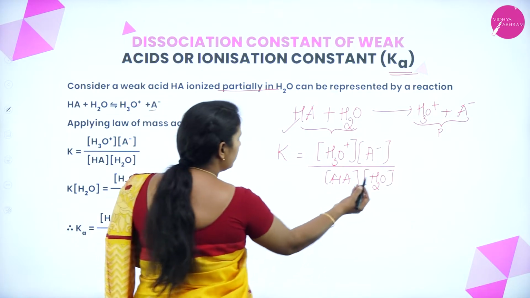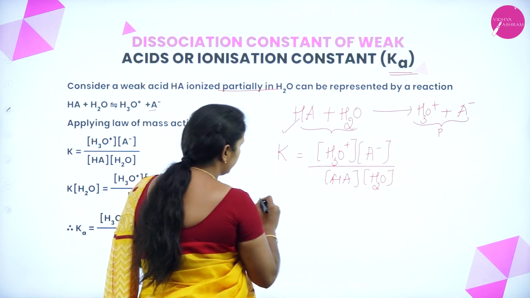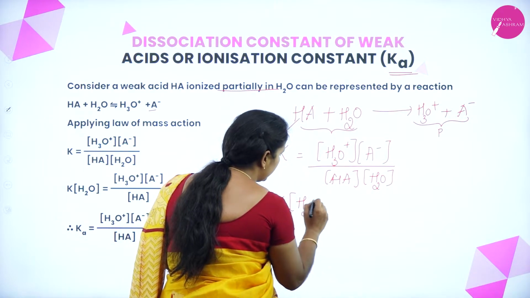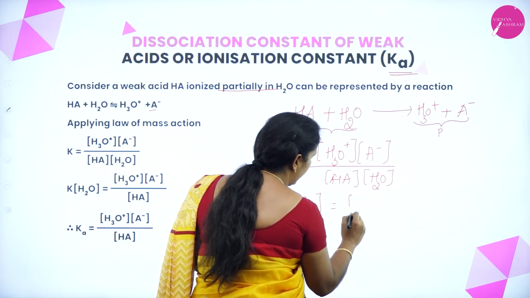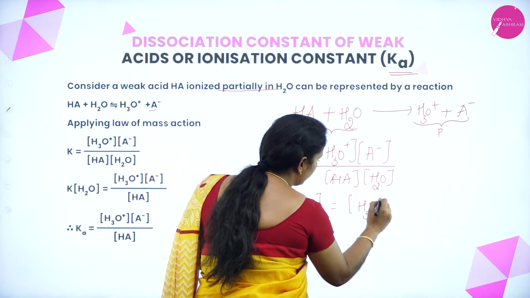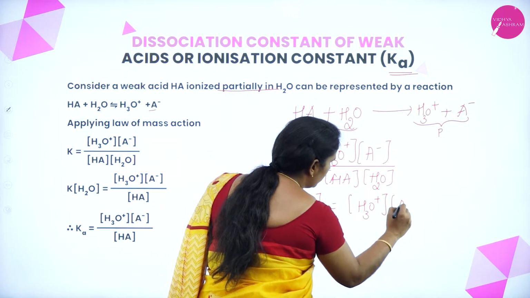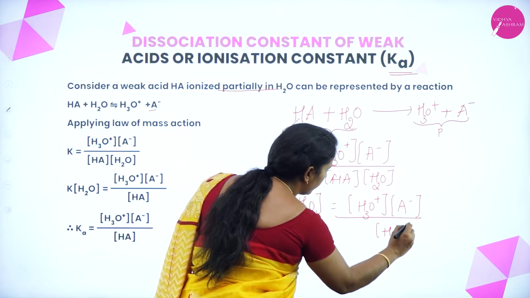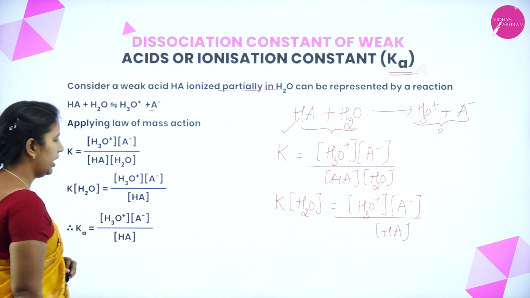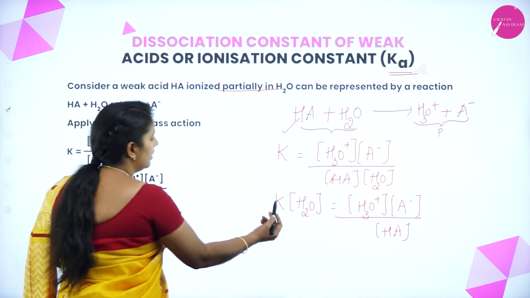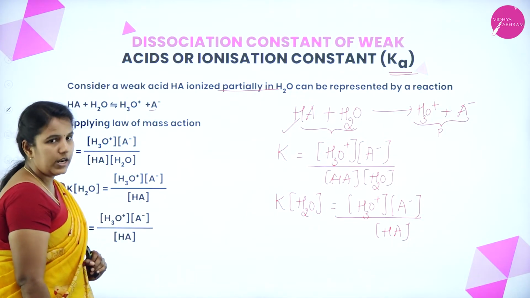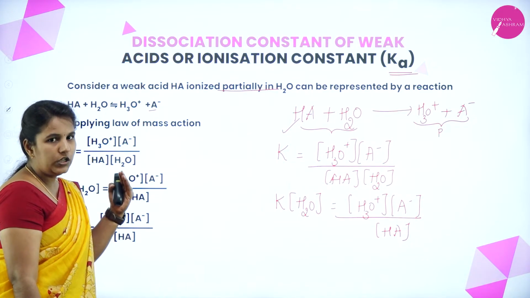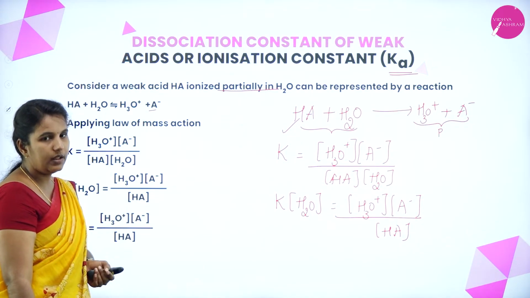Now I'll take the molar concentration of the water outside. K into molar concentration of water, and the remaining is molar concentration of hydronium ion into molar concentration of A minus divided by molar concentration of the weak acid, that is HA. We know that K into molar concentration of water is nothing but a dissociation constant, that is Ka.